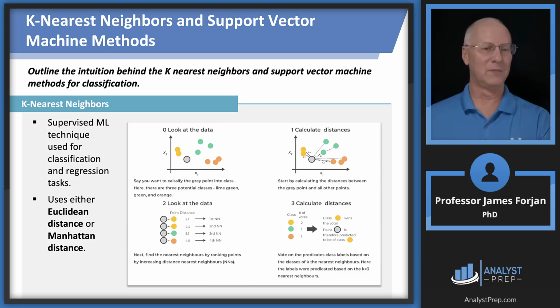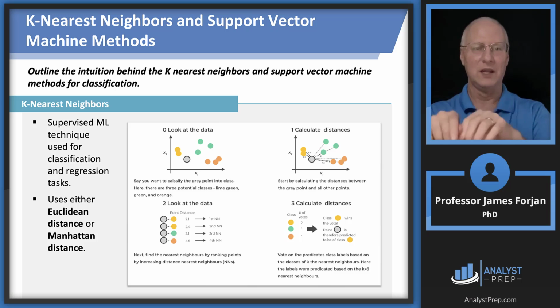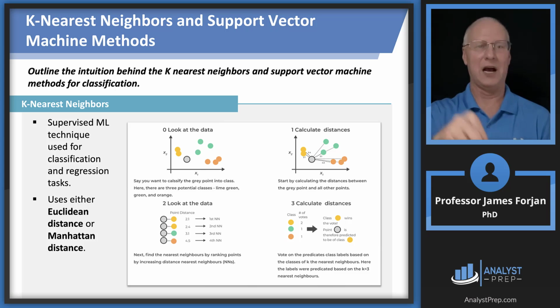But notice the second bullet point there, Euclidean distance or Manhattan distance. We did that, I think, back in the previous reading, so go ahead and remind yourselves: Euclidean distance is the straight line, Manhattan distance is the city block. You can measure distance in any way. But essentially, you're trying to find neighbors that look an awful lot like whatever that observation is.